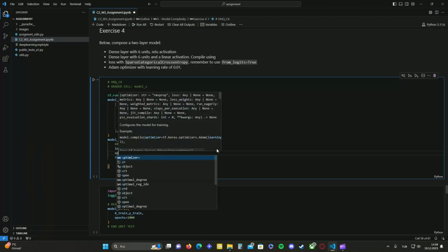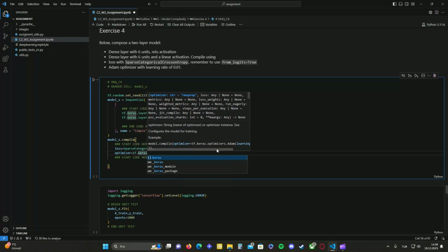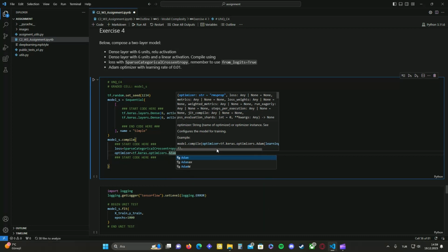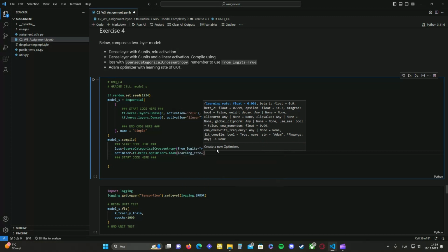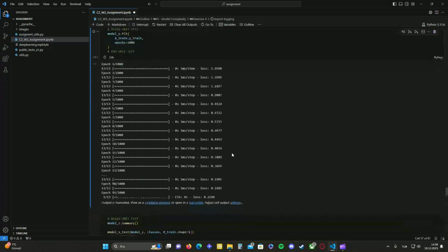Then optimizer, Adam, optimizers, and learning rate of 0.01. I think that's it. Let's run it and run this.